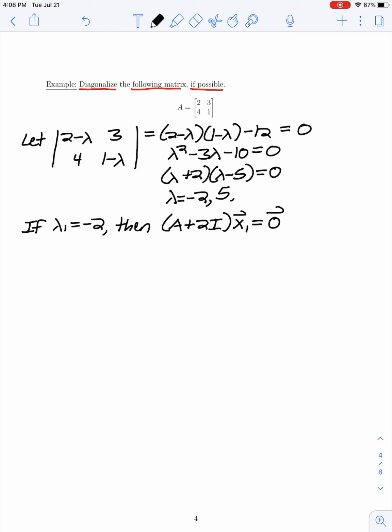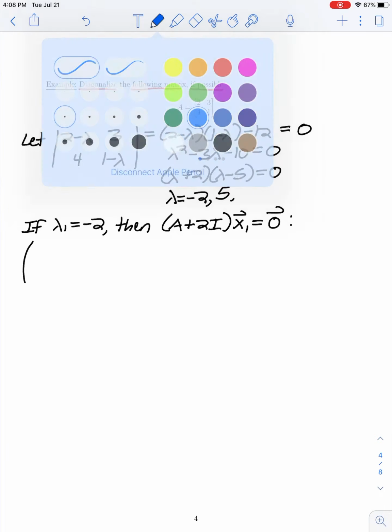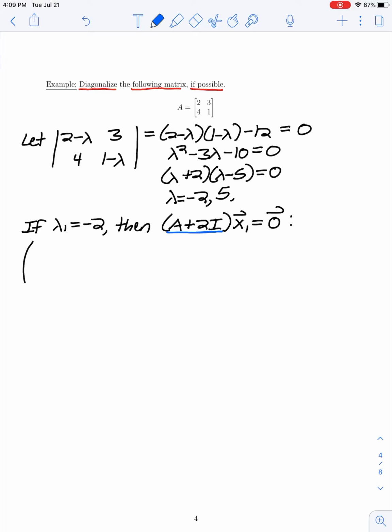Those are non-zero vectors. So expressing that system as an augmented matrix, we're adding 2 to the diagonal entries of A for our coefficient matrix, or subtracting lambda, which was -2. So we have the matrix 4, 3, 4, 3, which we're then augmenting with the 0 vector.